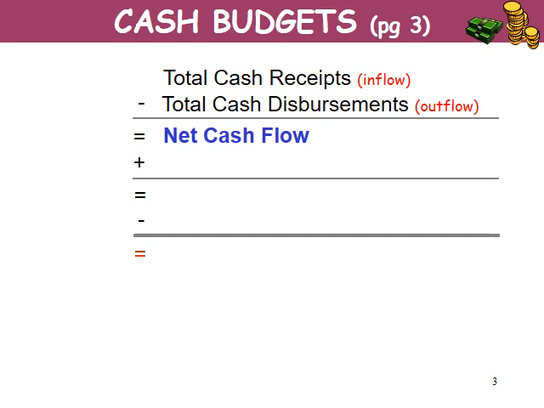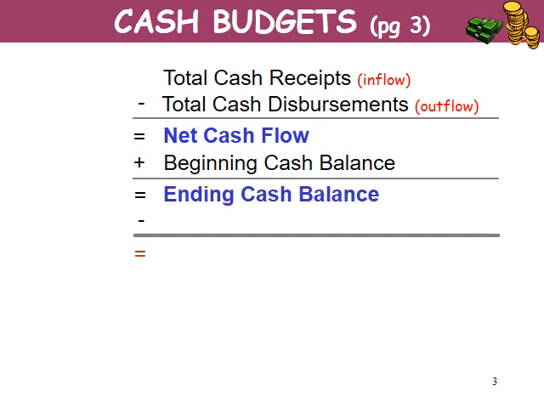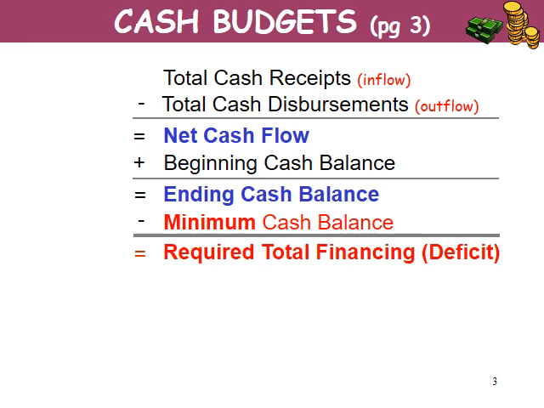Net cash flow plus beginning cash balance equals ending cash balance. Ending cash balance minus minimum cash balance gives you, if it gives a negative figure, a cash deficit. This is the required total financing.